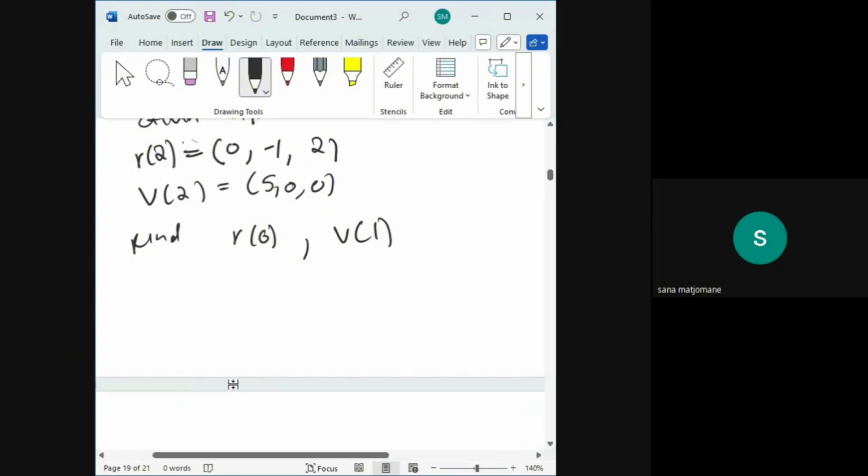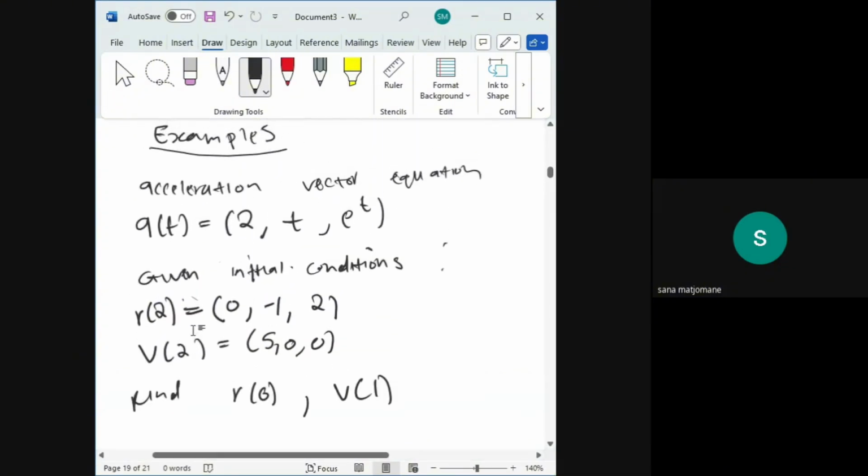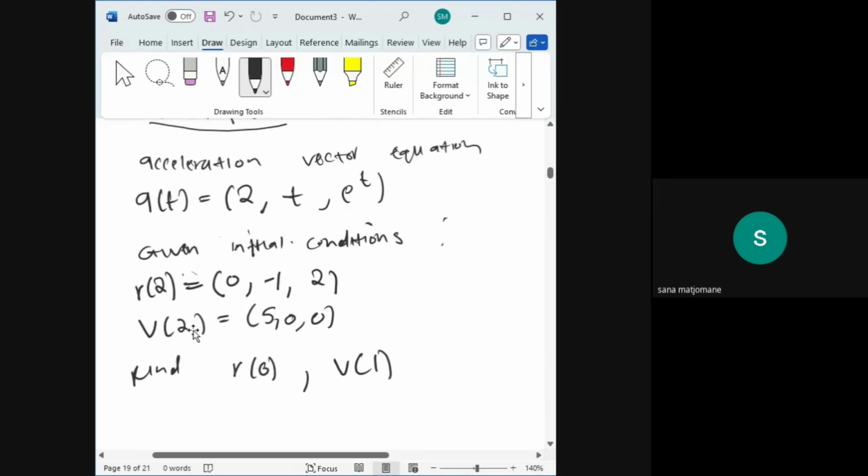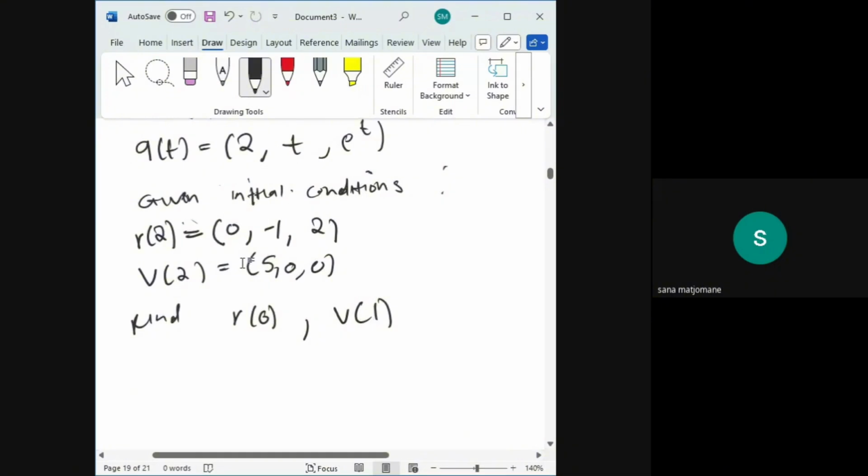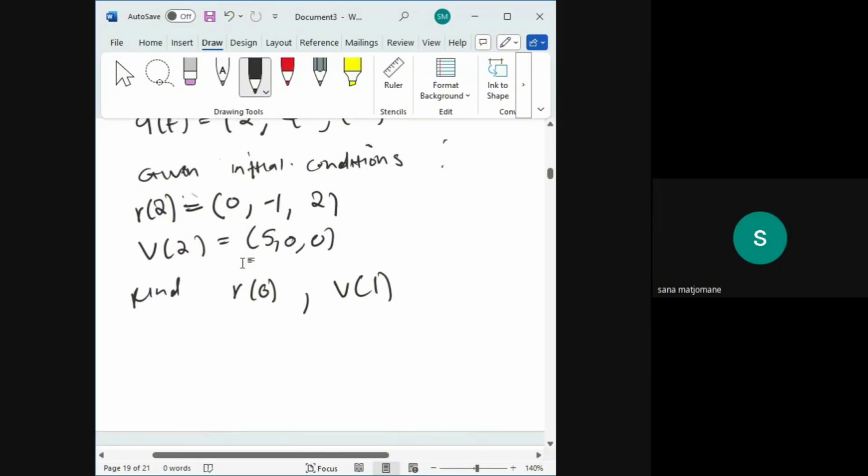Okay, let's recheck the question. They gave you the acceleration vector equation, a at t is equal to 2t e at t. They gave you certain initial conditions, r at 2, where t is equal to 2. The first one is position, but not the position of the particle at t equals 0. This is your x at t, your y at t, your z at t.